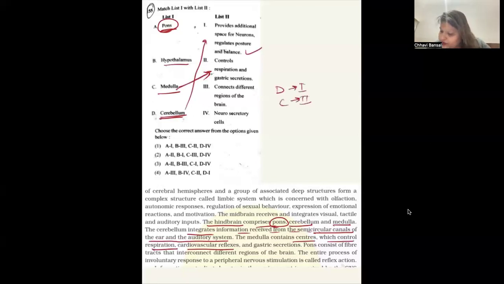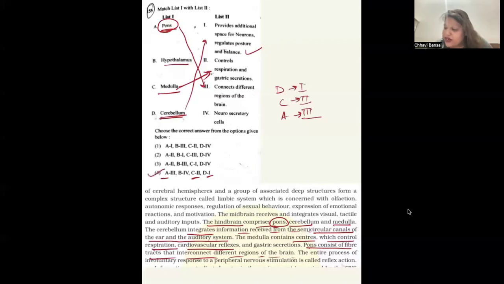Let's see if any option is there. It's there. Then, pons consist of fiber tracts that interconnect different regions of brain. So, interconnects different regions of brain. Fine. So, for A, it is 3. Fine. And then obviously, if everything matches, then option 4 is correct.